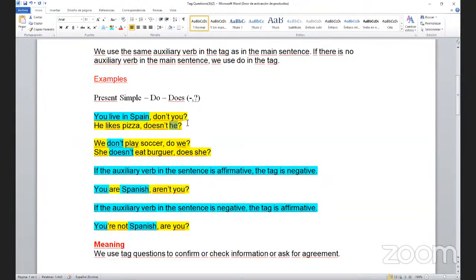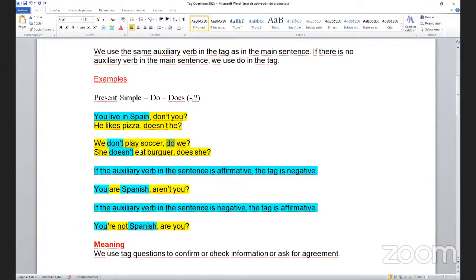So we have these two words. Now, what do we have here? We don't play soccer. We have don't, the negative, and we use the opposite, the affirmative: do we?